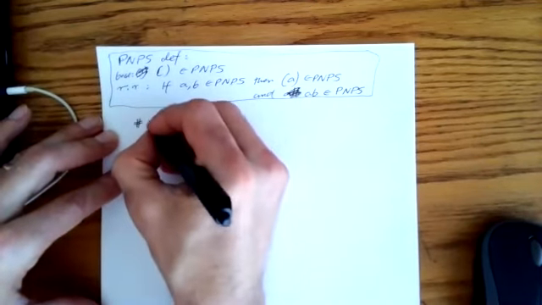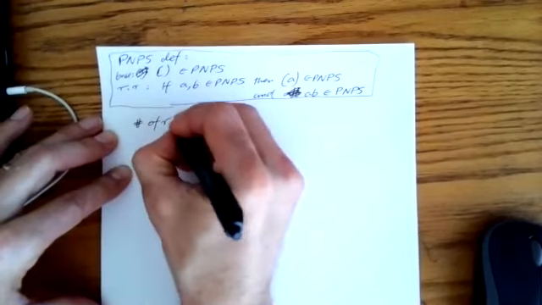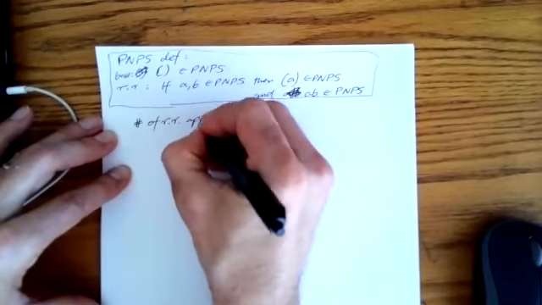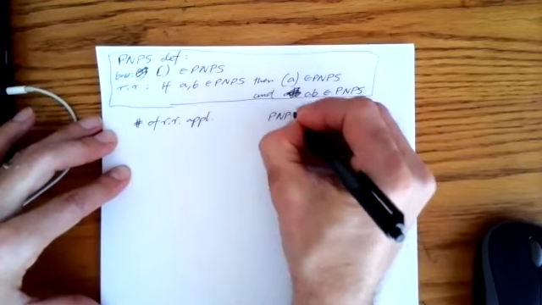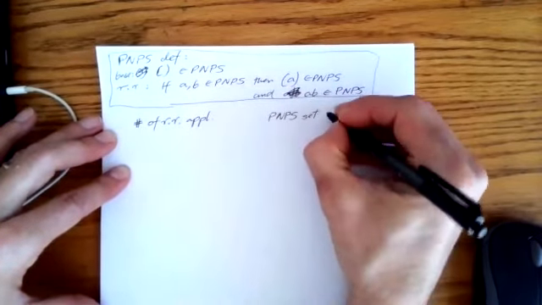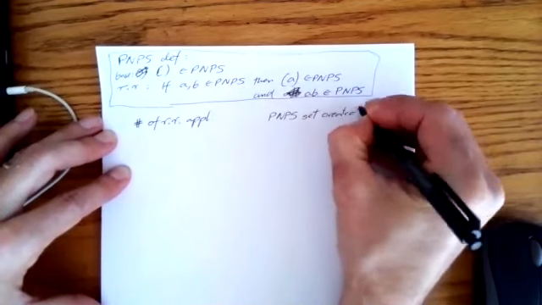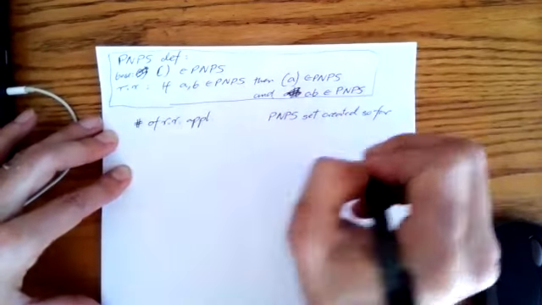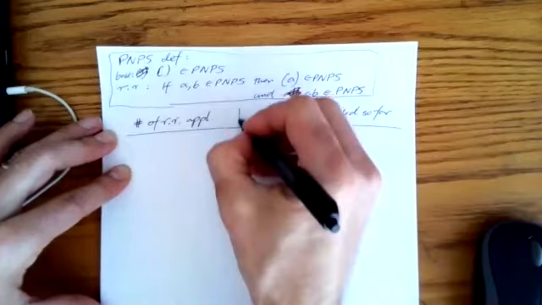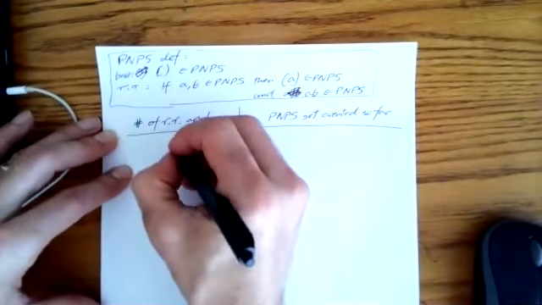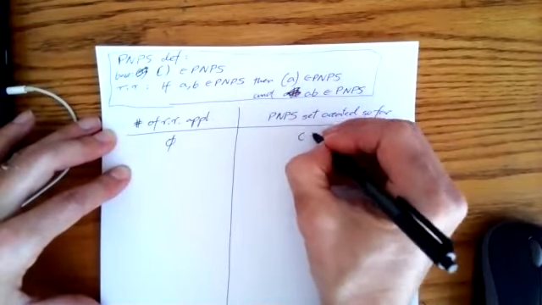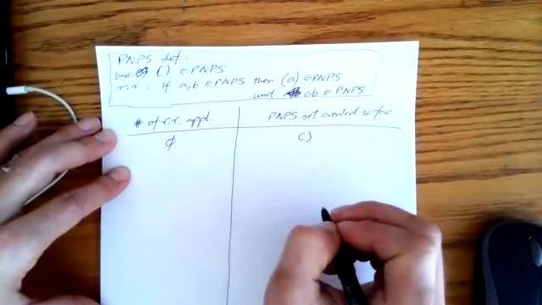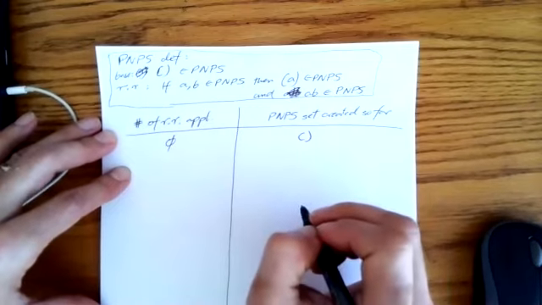Let's look at the number of recursive rule applications and the PNPS set created so far. If I don't apply any recursive rule at all, then the only thing in PNPS is this string, because this is declared by the base case.